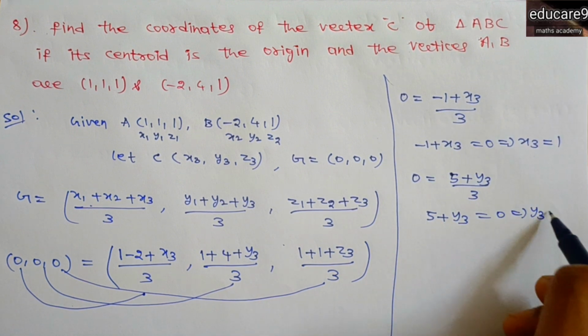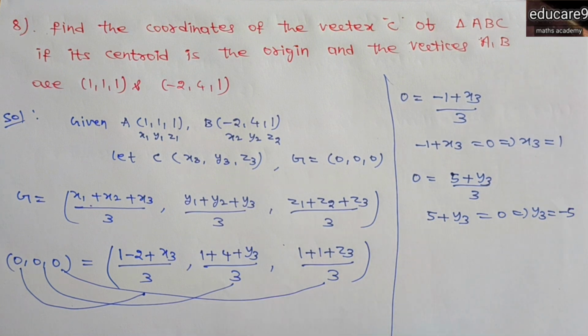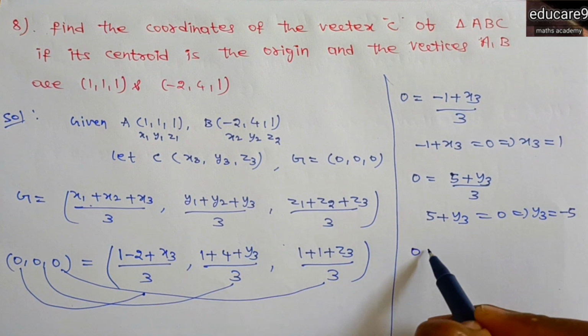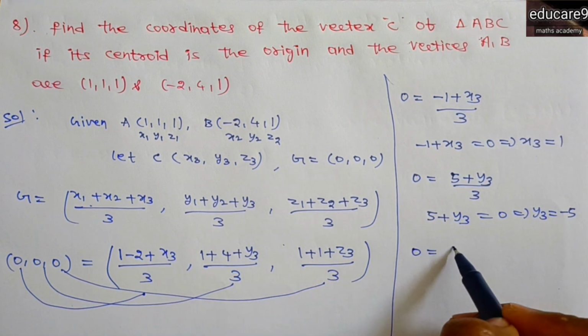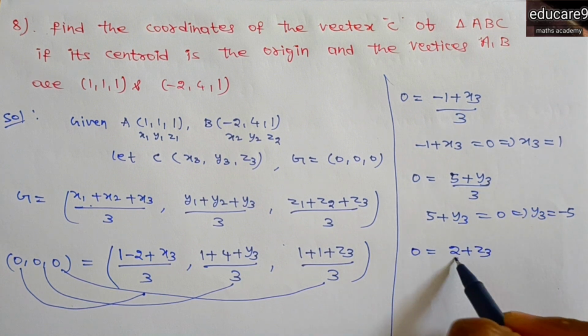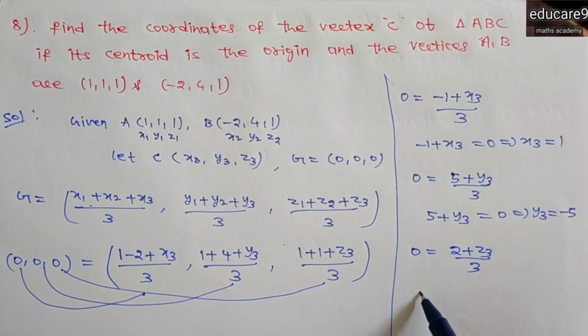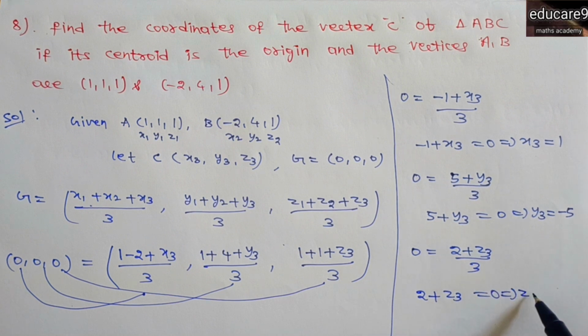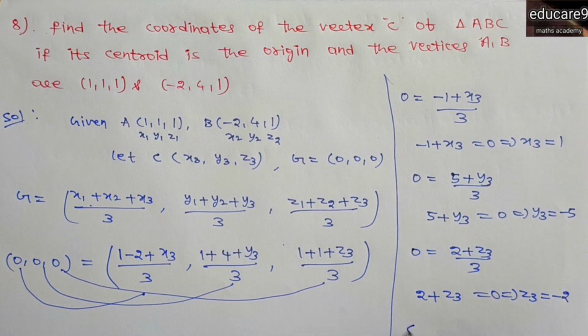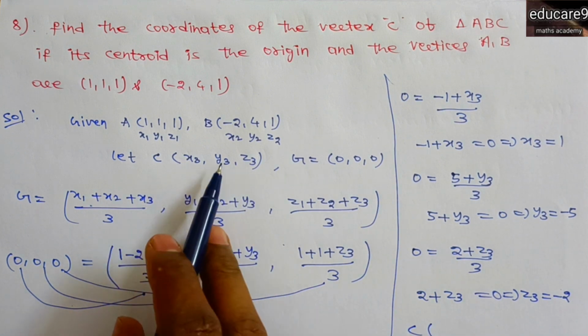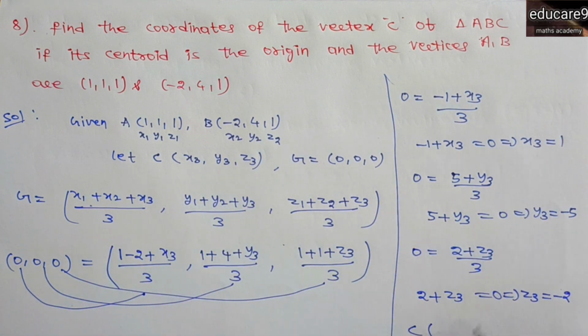From this y3 is equal to minus 5. And the last coordinate: 0 is equal to 1 plus 1, 2 plus z3 by 3. Cross multiplication: 2 plus z3 is equal to 0. From this z3 is equal to minus 2. Therefore the point C is x3 y3 z3: x3 you got 1, y3 minus 5, z3 minus 2.